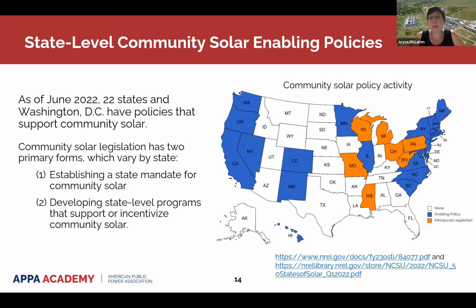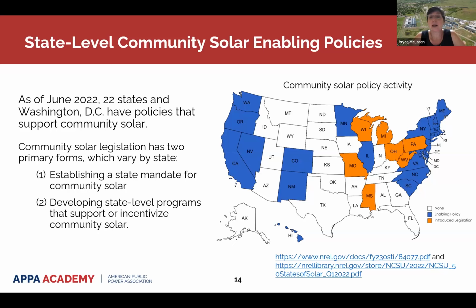The states in blue on the map here had very specific enabling policies that supported community solar, whether that be a state level program like Illinois, or simply virtual net metering being enabled and encouraged, which allows multiple off-takers to subscribe to one project that's not physically located on their property.